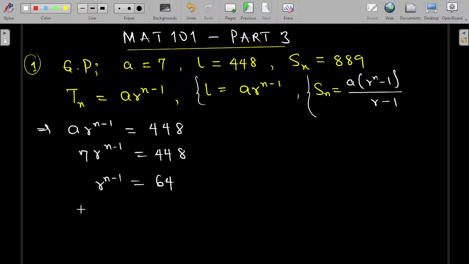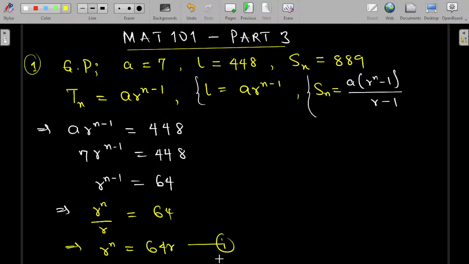Now I'm going to do something here. From indices, this left hand side is actually the same thing as R^n all over R to the power of 1, and that is 64. And so from there we can get that R to the power of n is equal to 64R. Let's keep this as equation 1.